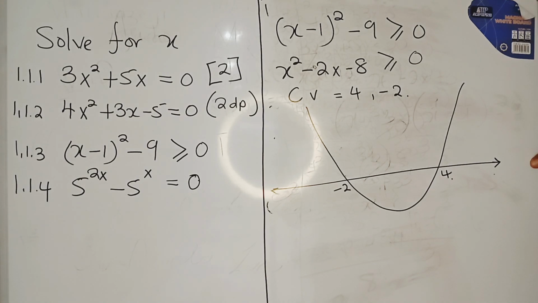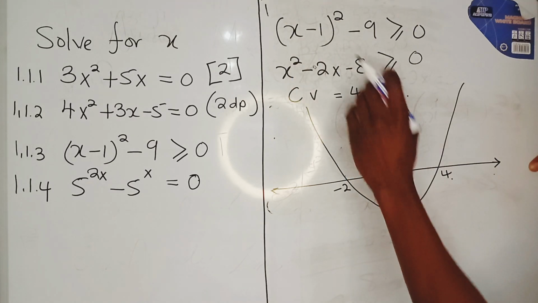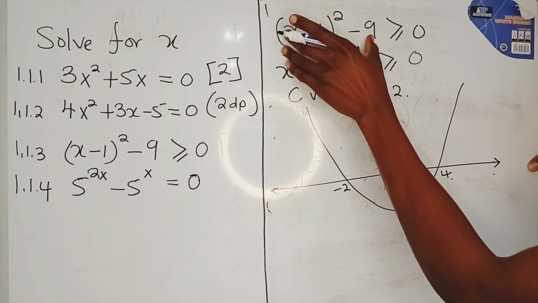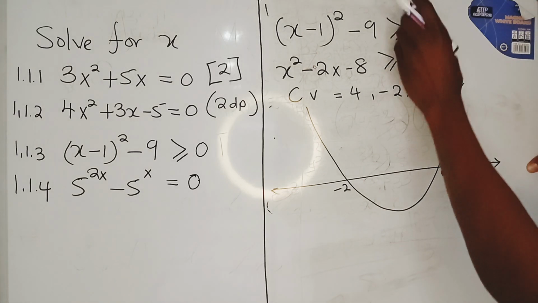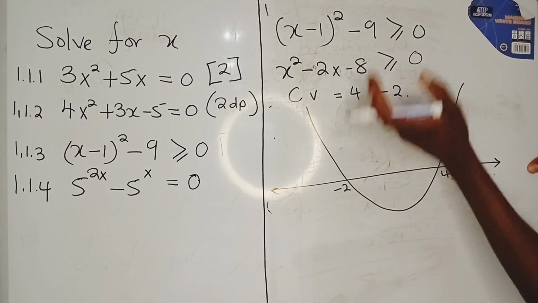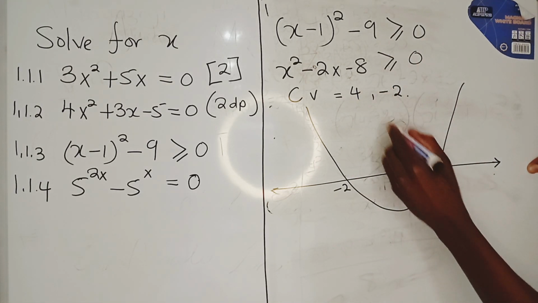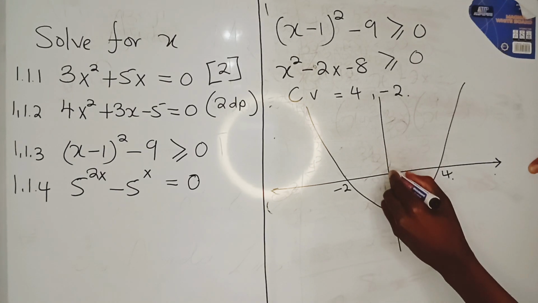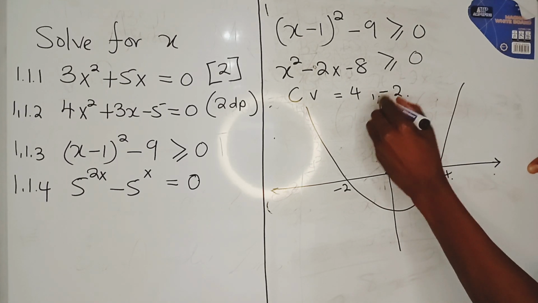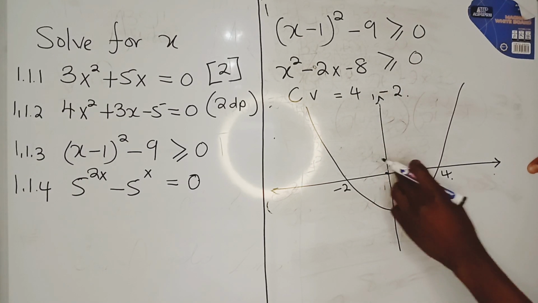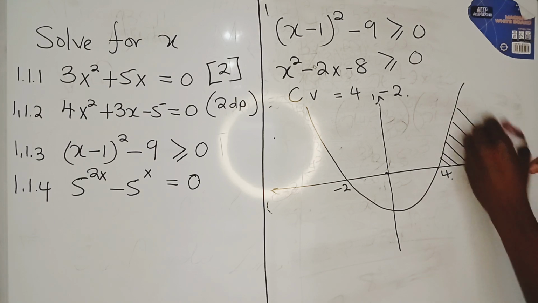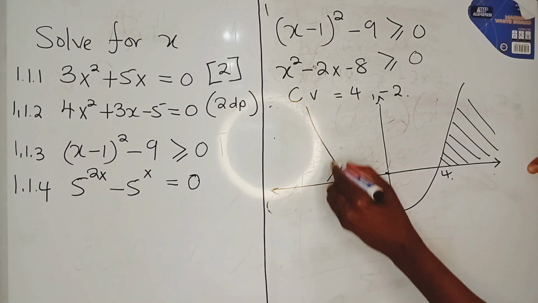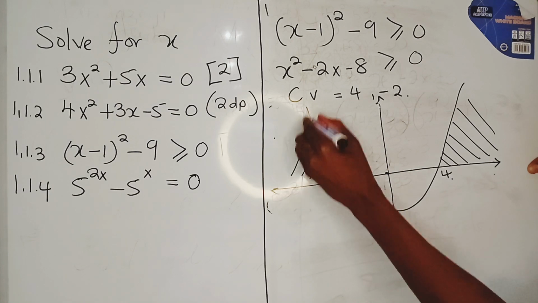The question just says what are the values of x for which this expression is greater than 0. When we say it's greater than 0, we mean where it is above the x-axis. So obviously our graph is greater than 0 at this part and also at this part.